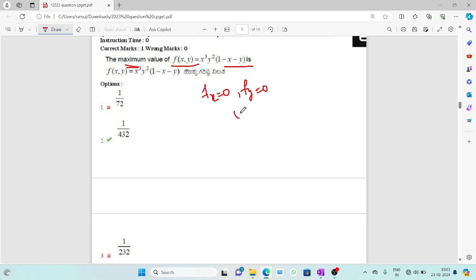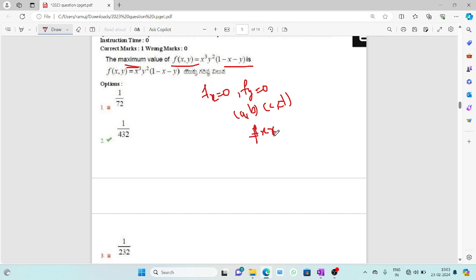We will get some points, suppose a comma b and c comma d. After that we have to differentiate twice: f x x, and so on. I will give you the idea. The process is very big, so I am not going to solve it. You can try, you will definitely get it.